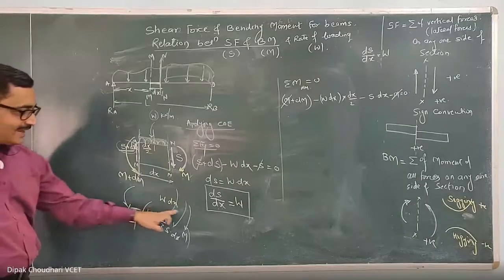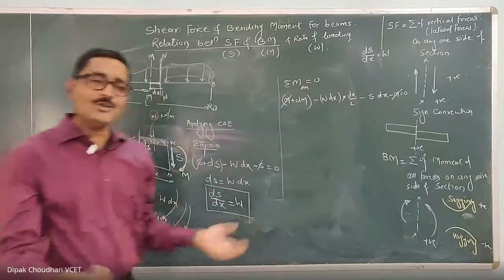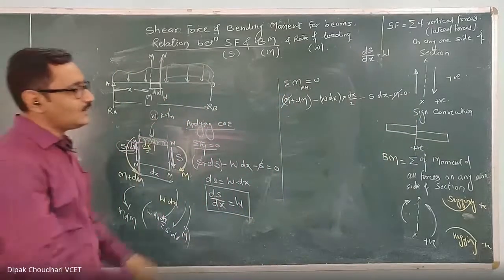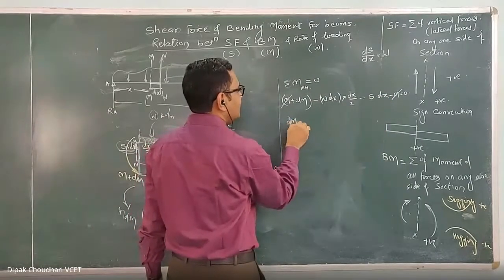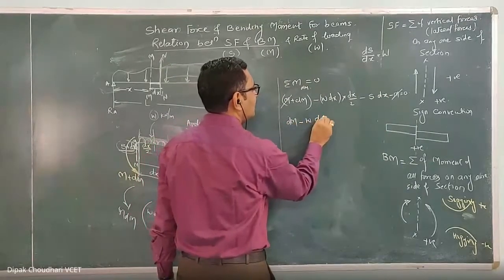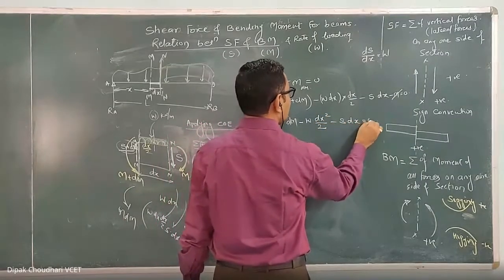So this moment is balancing these three moments. So you can equate this with this also. Anyhow, you are going to get the same equation. So if I solve that, m and m get cancelled, and I will get dm minus W into dx square by 2 minus s into dx equal to 0. Am I right?